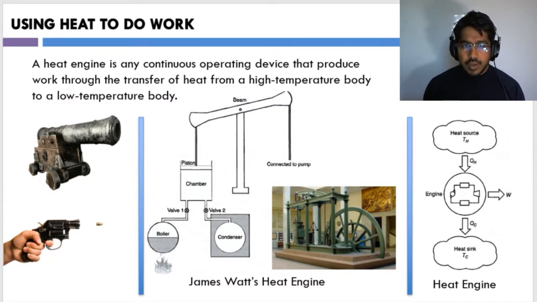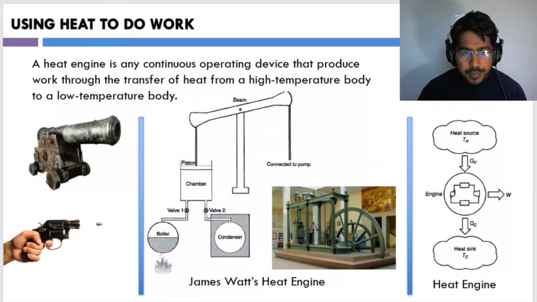As you can assume, when the steam fills up, this piston should be pushed upwards. When we push this piston upwards, this end of this beam goes down, right? Which essentially can be used to do some useful work. So this can be connected to a pump or some other device. When we connect this to a pump, this energy can be used to pump water.